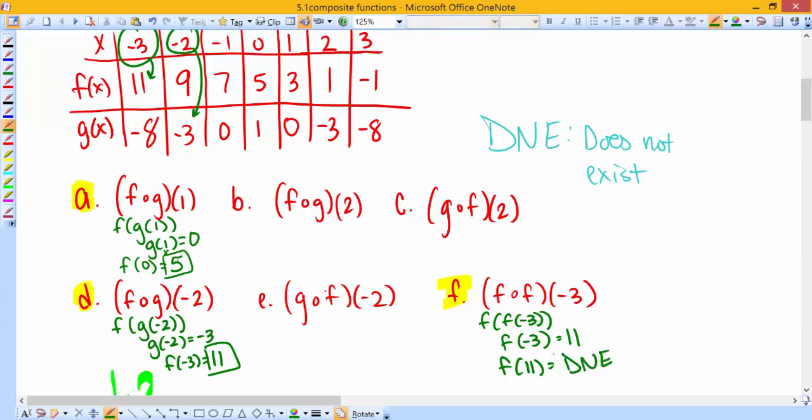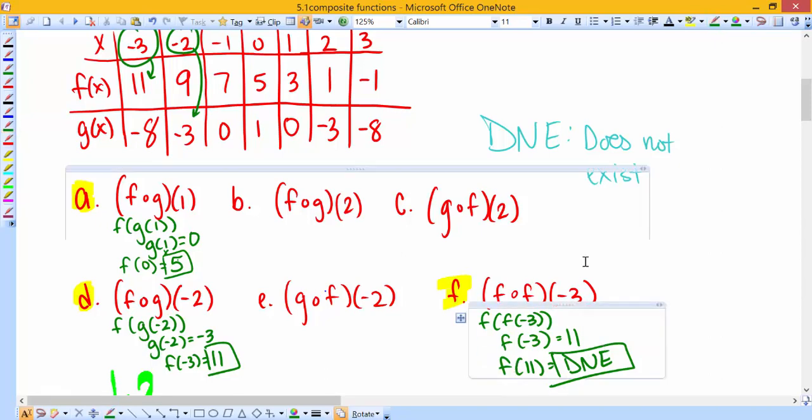That means that value does not exist. I am only allowed to look at numbers from -3 to 3 to start. X can only be -3 to 3. So it doesn't exist in this situation. If I had a function as an equation, then yes, I would be able to evaluate that. But since I'm given a table, it is restricted into certain values, and it is what it is.